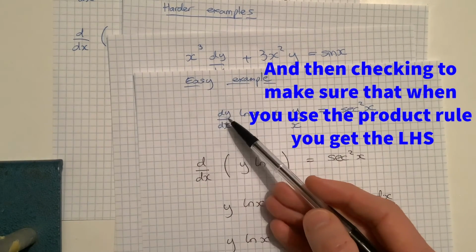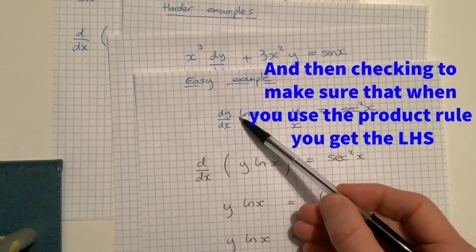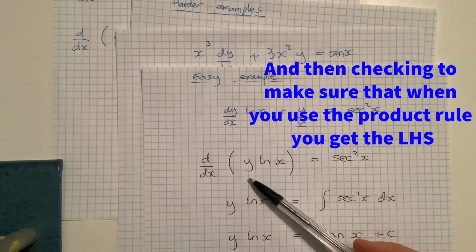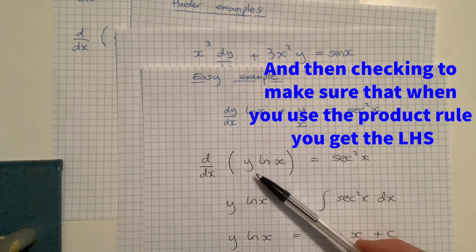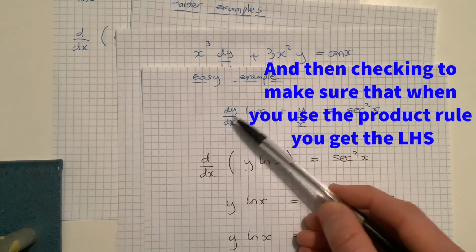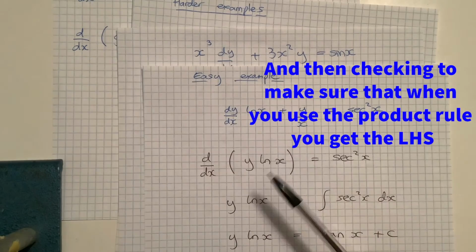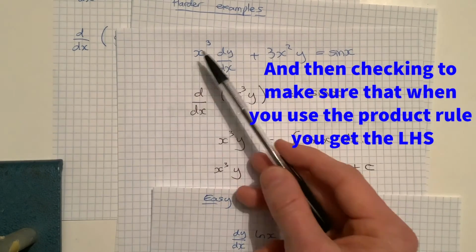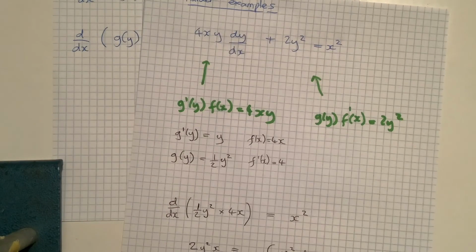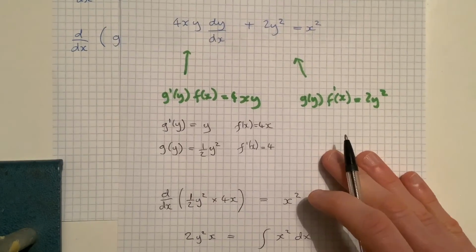I'm looking here, dy by dx, so I'm thinking y ln x. I'm not going to say all the time, because we've seen an example a minute ago where that wasn't the case. But most of the time, it's just going to be y times whatever that is. So y times ln x, y times x cubed. But it won't always be that simple, as you can see here.